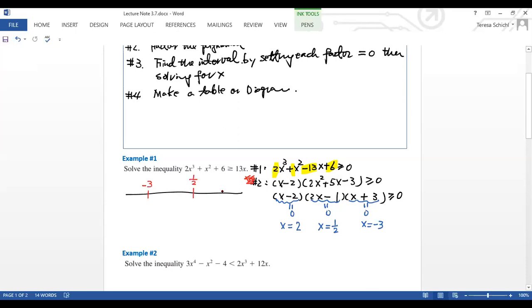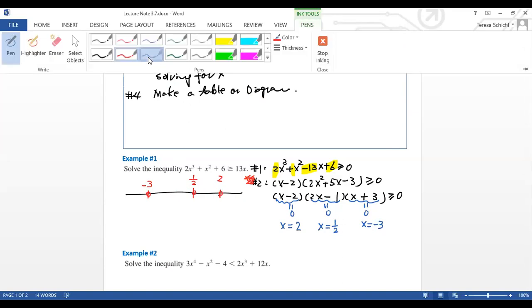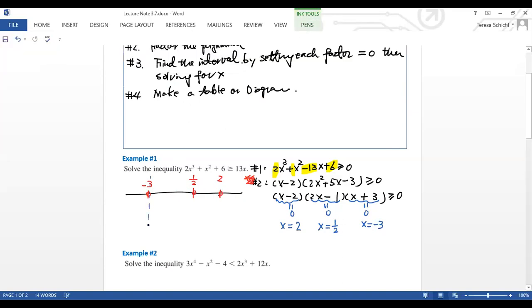Then this one is 2, right? Okay, and so this is my number line. Because of these points, I divide my real number line into several intervals.